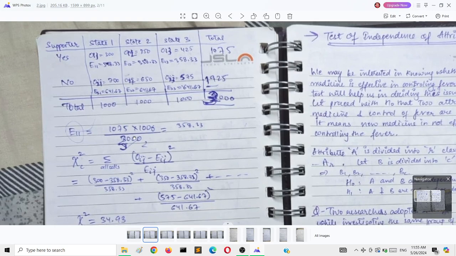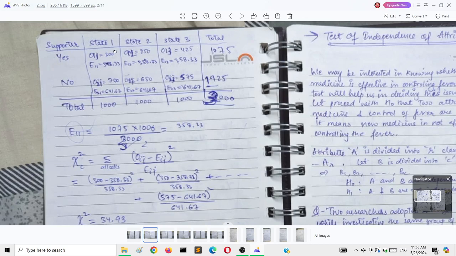We calculated E 1 1, that is the corresponding row total multiplied by the corresponding column total and divided by the grand total. We got the row total by adding all of these: 300 plus 350 comes out to be 650, and 650 plus 425 comes out to be 1075.